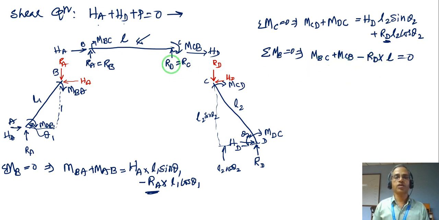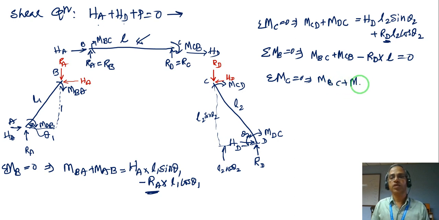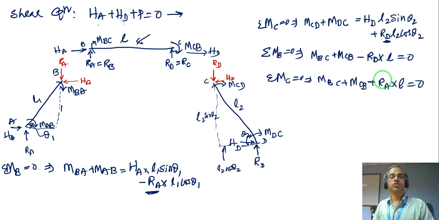Okay, so RD and RC are the same. So then I can get RD from this equation. Similarly, taking moment at C equal to 0, then I get RB, which is MBC plus MCB minus, clockwise, RB or RA into L is equal to 0. I can get RA. In this case both will be the same, it depends upon your MA, MB, and if at all any UDL or point load is there in the member BC, accordingly the moment will be taken.